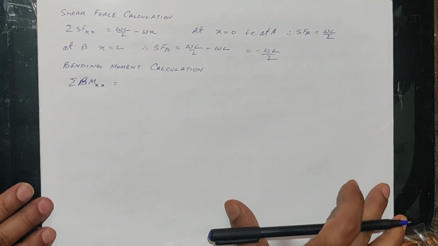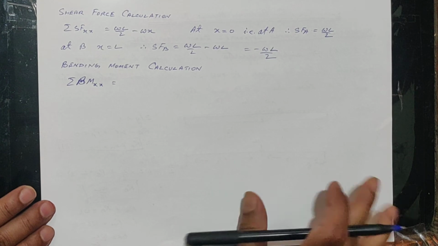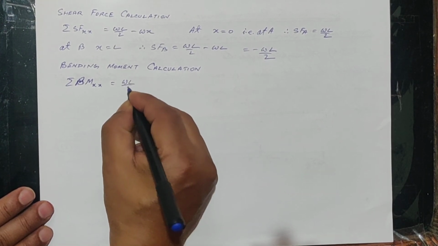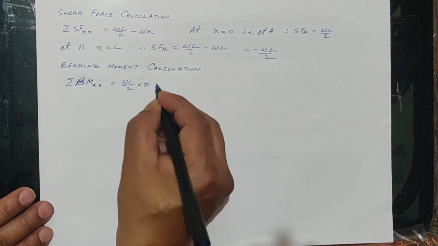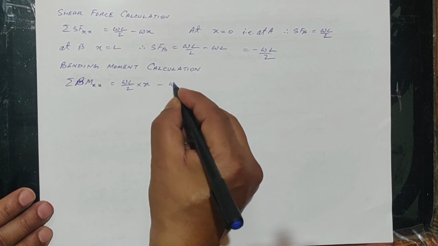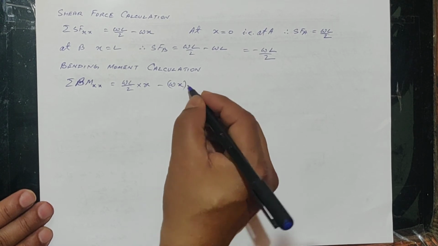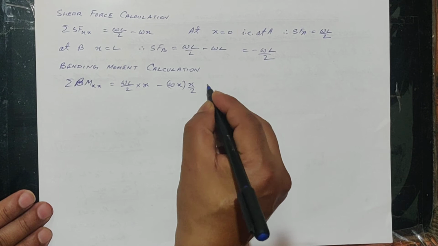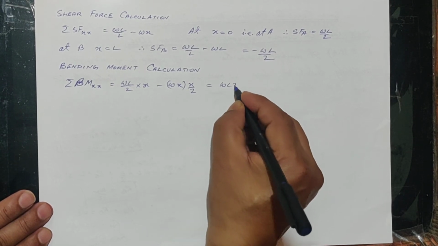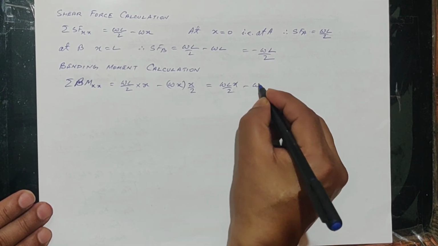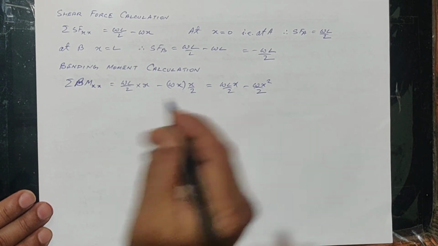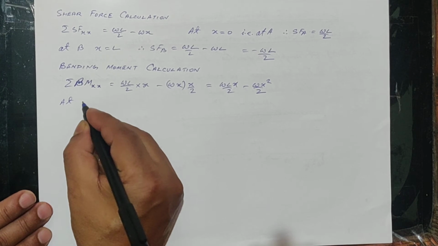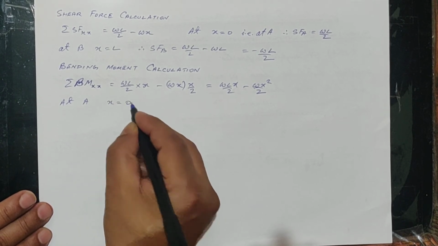So we can write WL by 2, that is acting for the whole section X, minus W into X, that is the UDL being converted into point load, and the distance is X by 2, which is equal to WLX by 2 minus WX square by 2. Now at A, X is equal to 0.